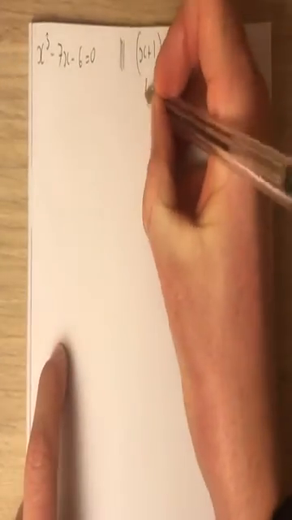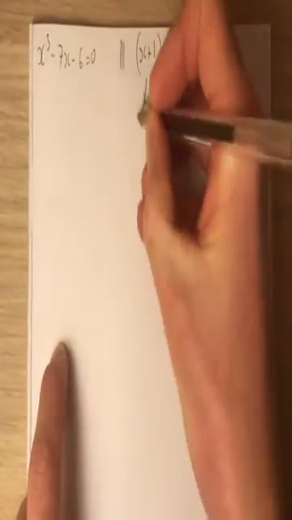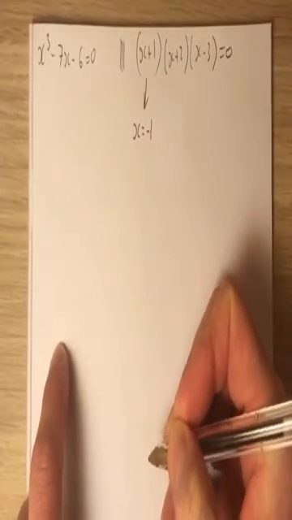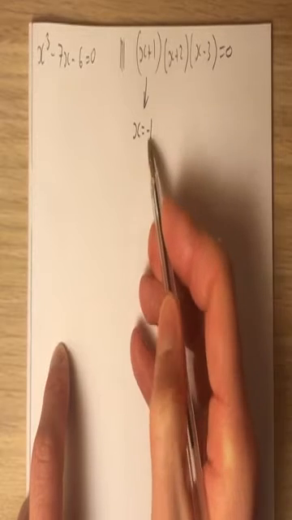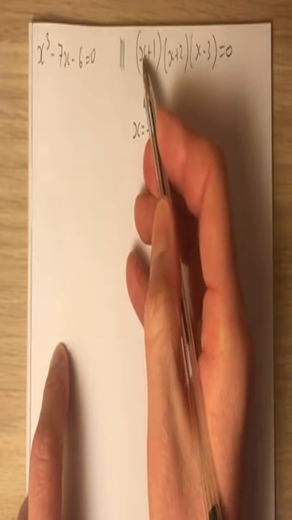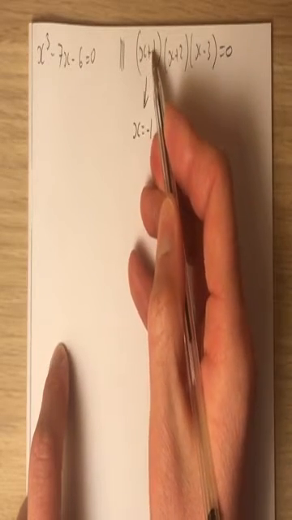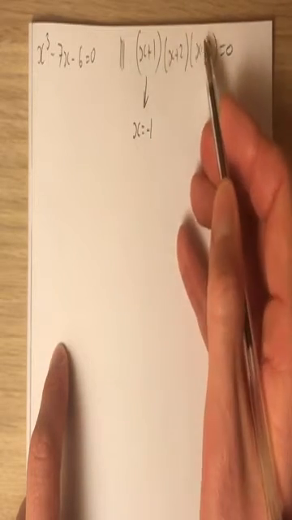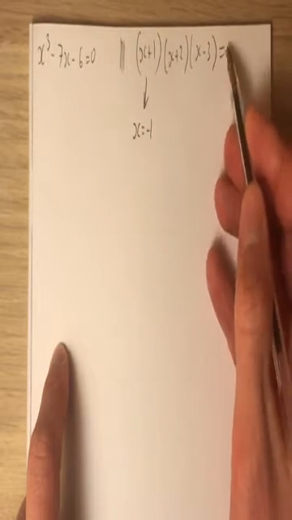Here we go. Okay. One solution to this cubic polynomial is x equals minus 1. Why? Well, if x equals minus 1, you have here minus 1 plus 1, which is 0. 0 times whatever other stuff gives you the answer 0 that you wanted.